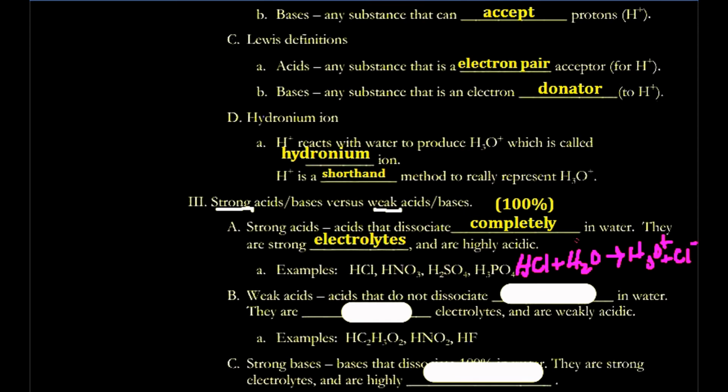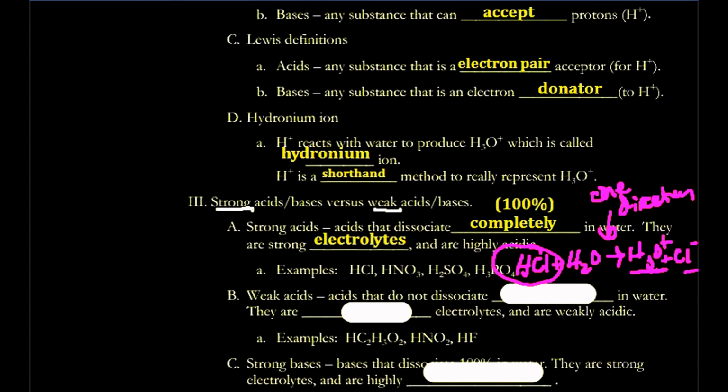But this is one direction. It only goes one way. Hydrochloric acid in water will completely dissociate to make the hydronium and the chloride, so that the original concentration of the HCl is equal to the concentration of your acid that you're going to have afterward.